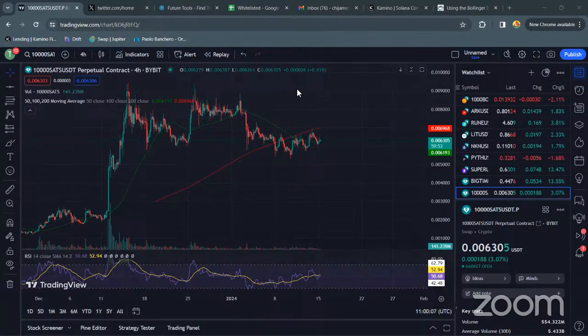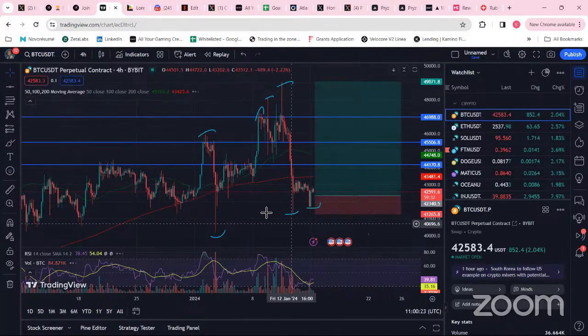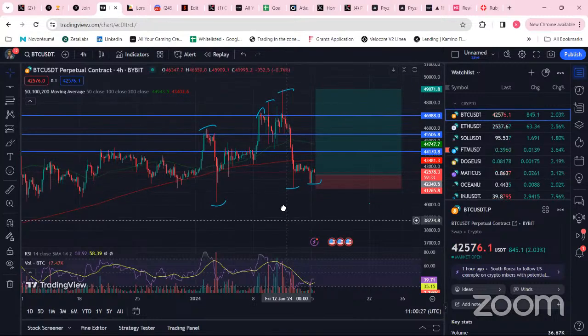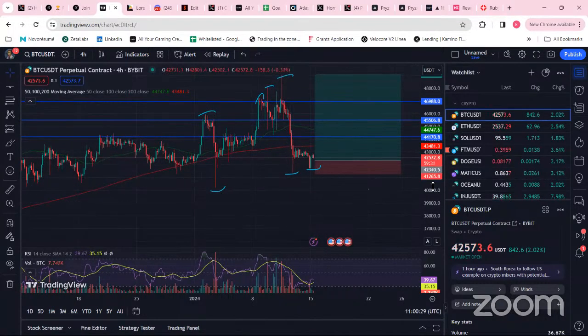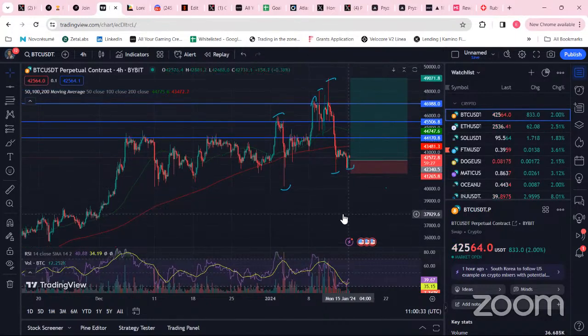So that's pretty much all for me. I'm still keeping my eyes on BTC. It's probably going to get to my entry very soon, and that would determine my other trades for the day.